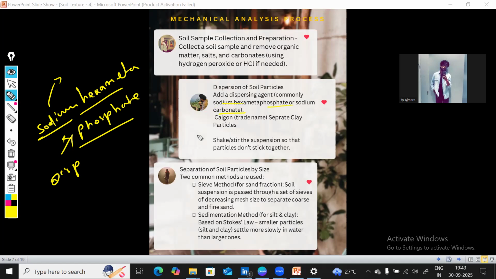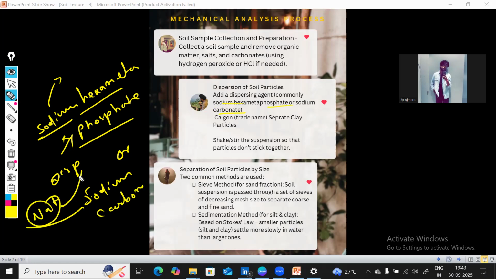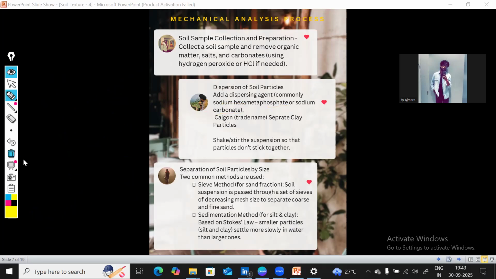Another thing we can use is sodium carbonate. Sodium does the work of separating the soil particles. If soil has a high sodium amount, then that soil will not be good in its properties, because there would be a lot of dispersion.